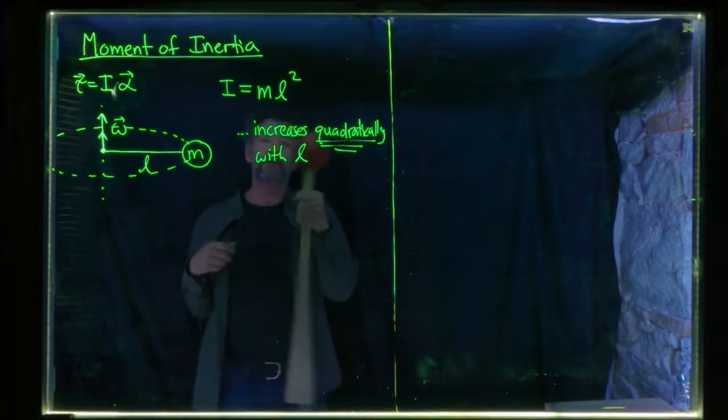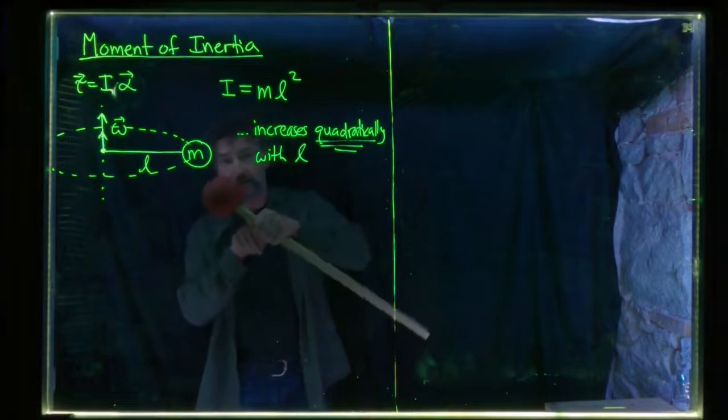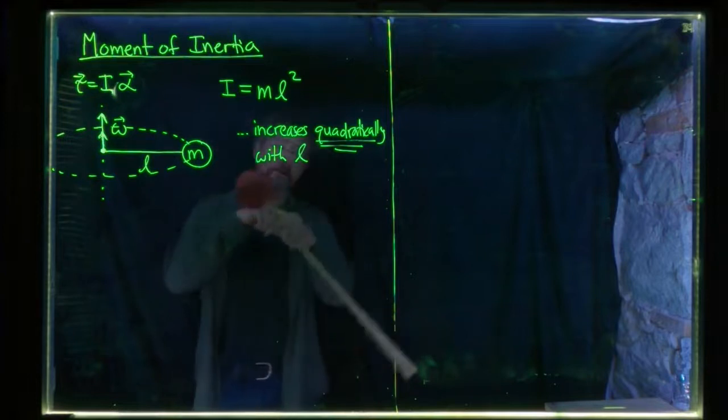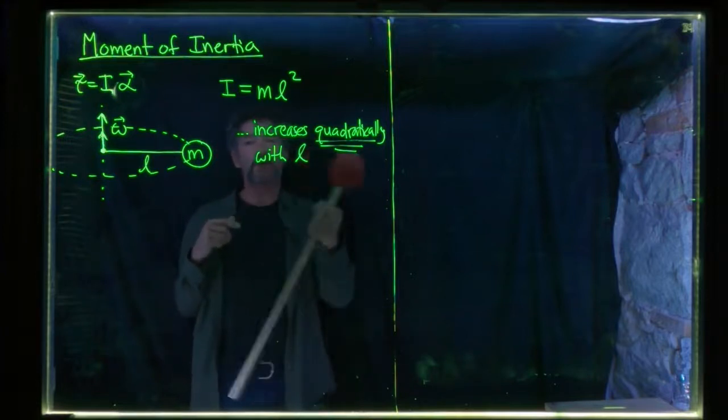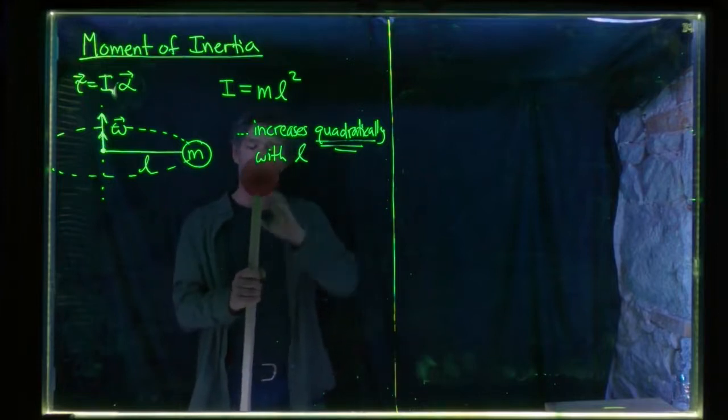You can feel it. It's not very hard to cause this thing to pick up angular velocity and then slow down, then pick up angular velocity and then slow down. So it's not hard to change the angular velocity of this thing, but you only have to exert a relatively small twisting force, okay, like this.